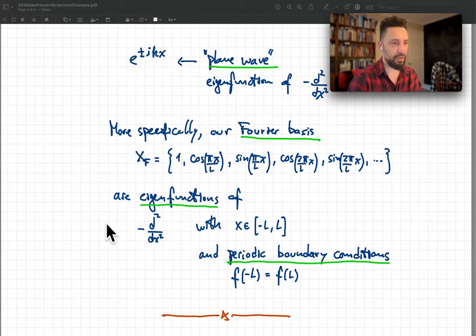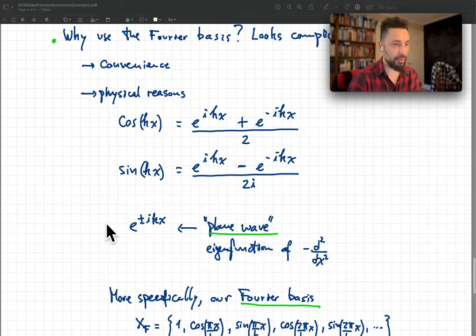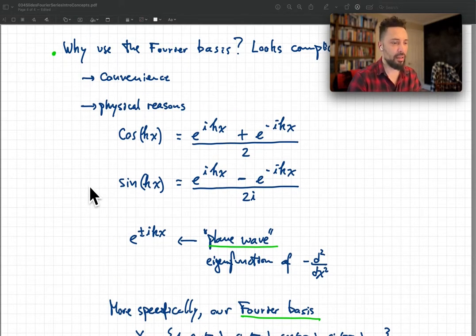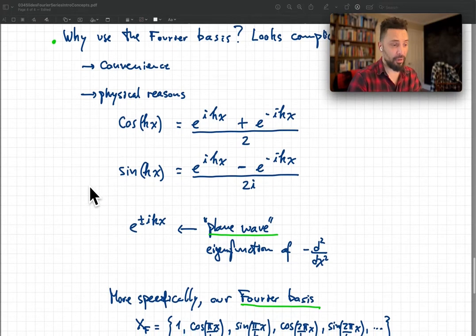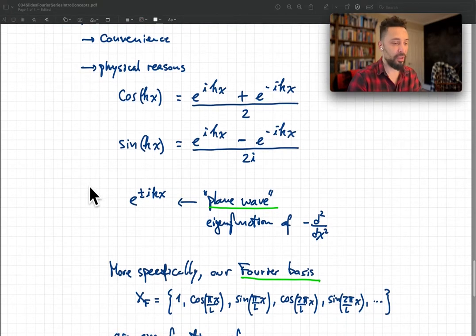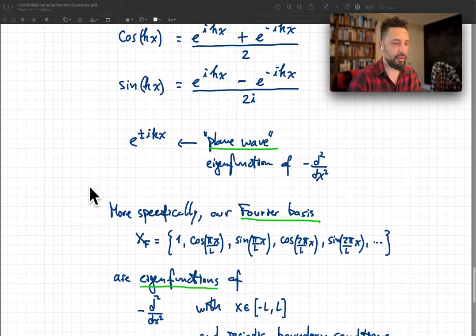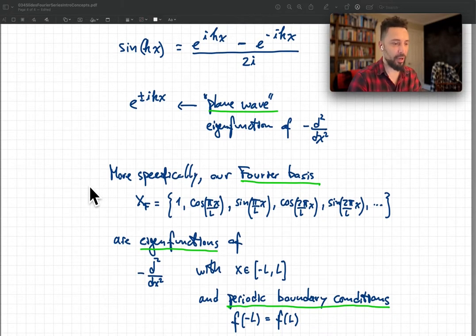This is ultimately the reason behind us using this basis as a way to analyze a signal, or as a way to write down the solution of a problem, or as a way to make a problem simpler in some way. And we will see applications of that in upcoming videos once again. And we actually saw, sort of under wraps, an application of this when we diagonalized a differential operator on the lattice using these types of plane waves.